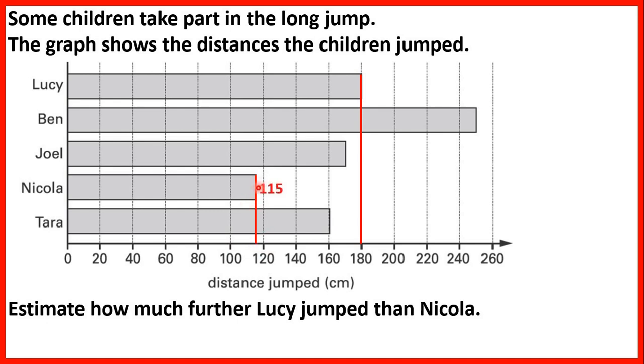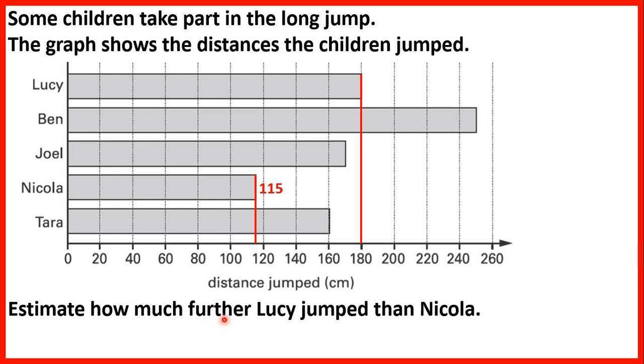So I would estimate that Nicola jumped 115 centimetres, because that's closer to 120 than it is to 100. But notice my estimate is not 119, because with 119, that would almost be touching this line that shows 120. So 115 is the best estimate here.